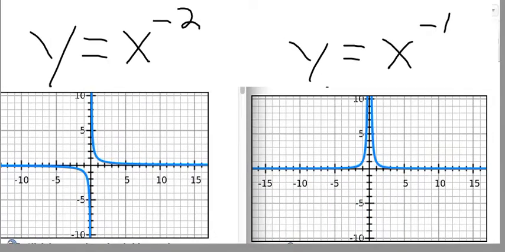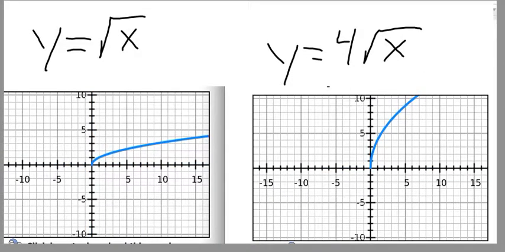All right, we did that one, we did that one. Oh, we got a couple left. All right, both of these are square roots. Here we have a bigger coefficient. Just like if you had y equals x and you multiplied by 5 and you had y equals 5x, you get a steeper line or a line that increased more quickly.